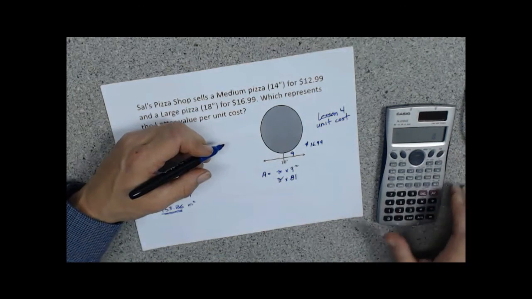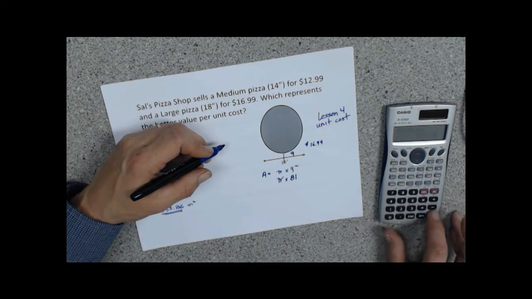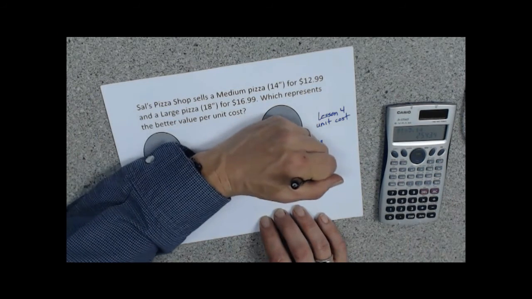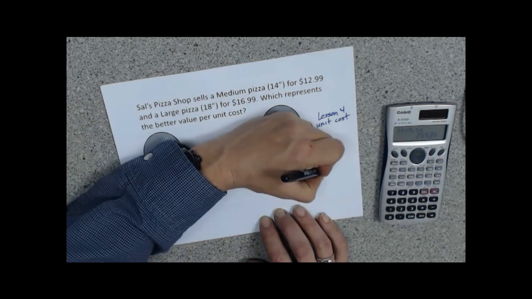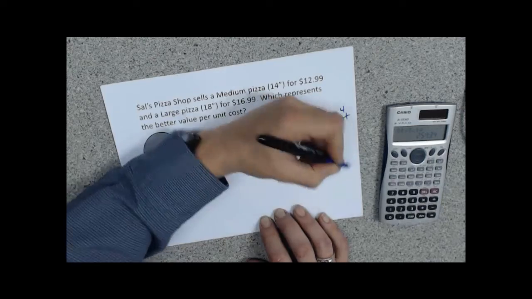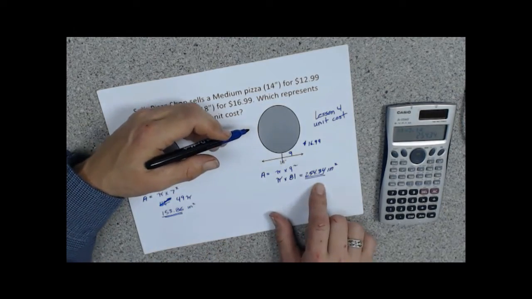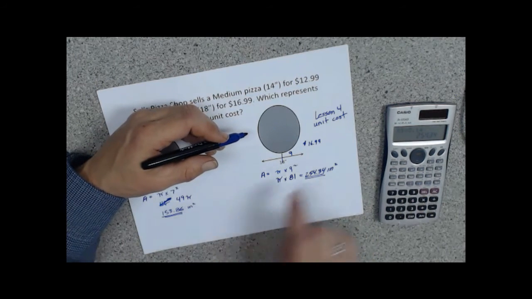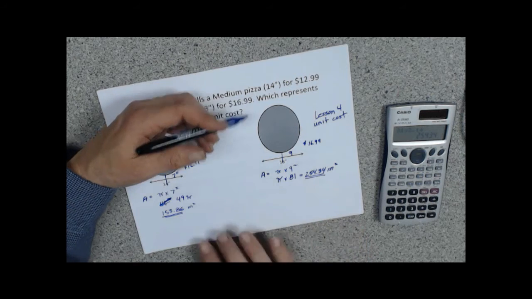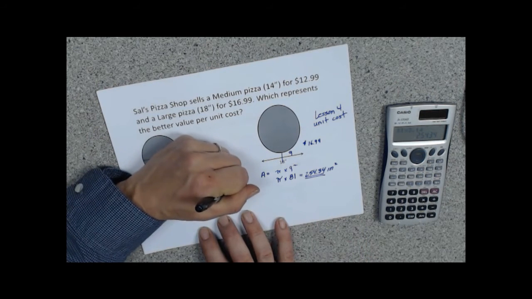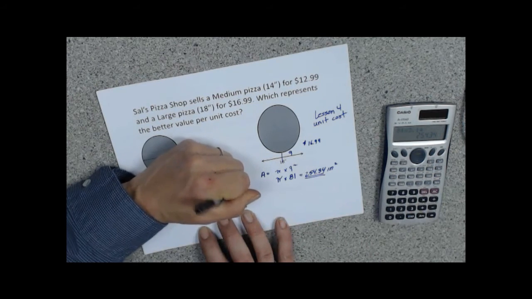Let's figure out what pi times 81 is. 81 times 3.14 is 254.34 square inches of pizza for our 18-inch pizza. Okay, so now we've got the two respective areas for our pizzas. Let's go ahead and figure out what the cost per square inch is.